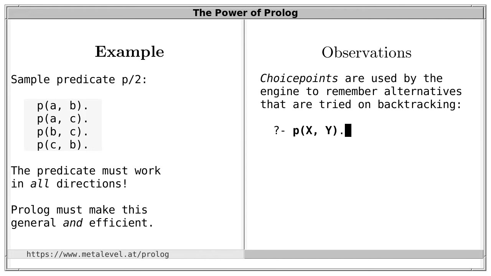Now, which clauses must be considered to find solutions? Well, clearly in this case, all clauses are applicable, because each of these clause heads unifies with the goal. And note that I say unifies, not matches, because Prolog uses unification when considering applicable clauses.